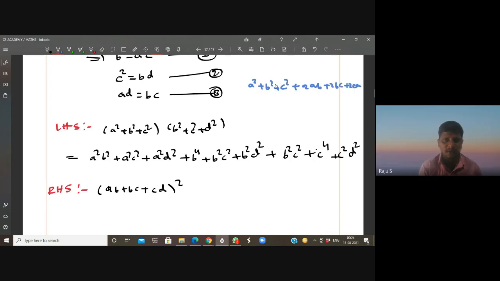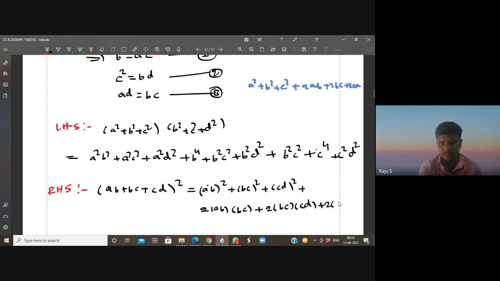With the help of this: AB whole square plus BC whole square plus CD whole square plus 2 into AB into BC plus 2 into BC into CD plus 2 times AB into CD.